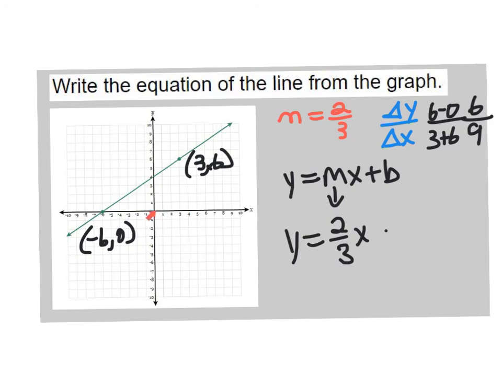We don't go right or left. It's at 0, 1, 2, 3, 4. Right here you can see a point at 0, 4. And that represents the y-intercept. So then we would just write plus 4. So that is our equation for this line. Y equals 2/3 x plus 4. All right, that is how you use y equals mx plus b, and that will be our first video.